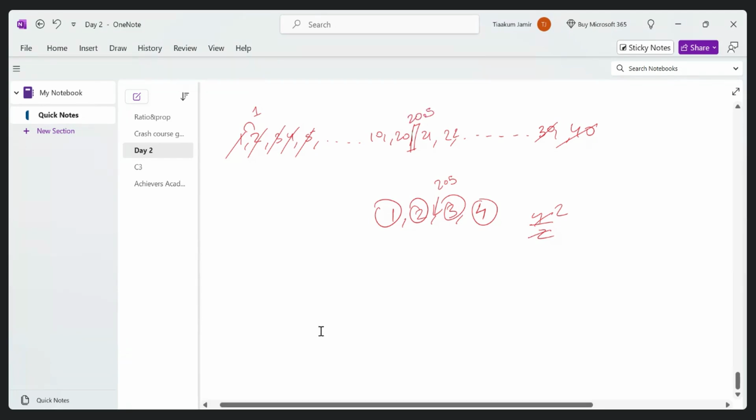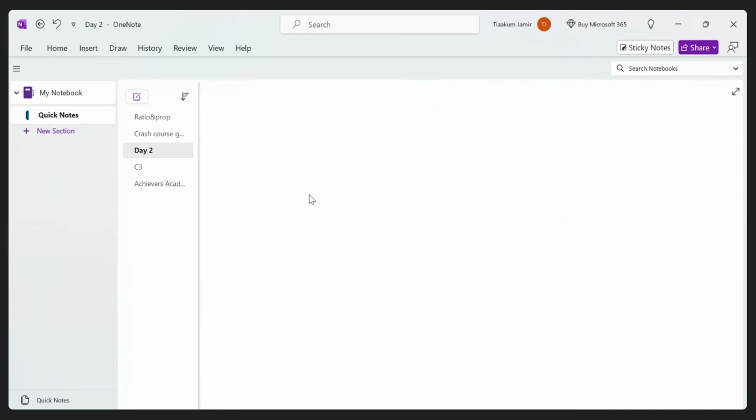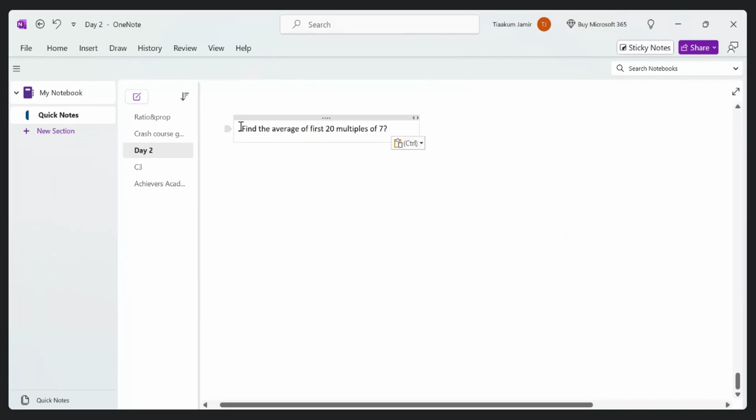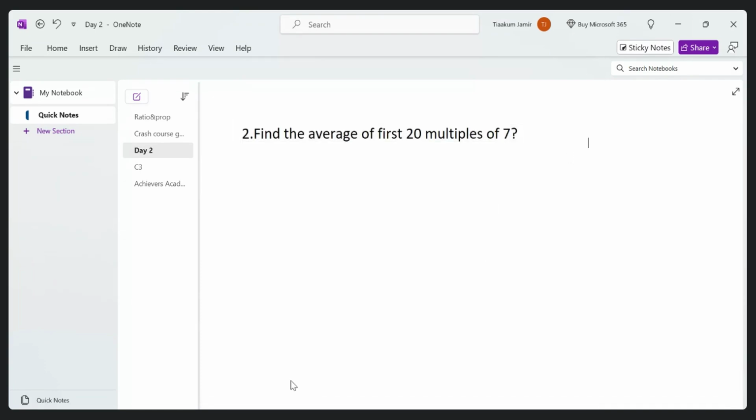Now if you find this one very easy, give it a try for this one. All right, give it a try. Let me check.